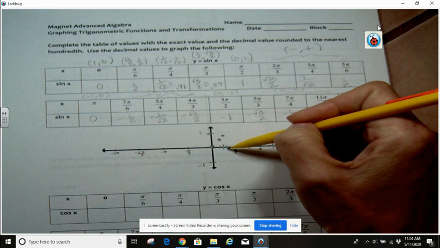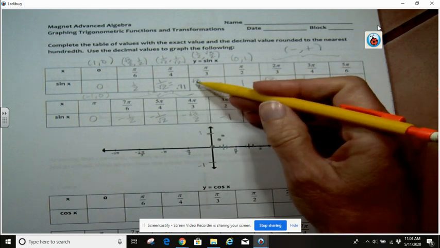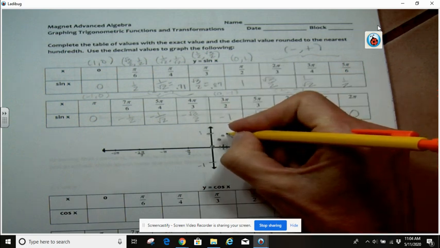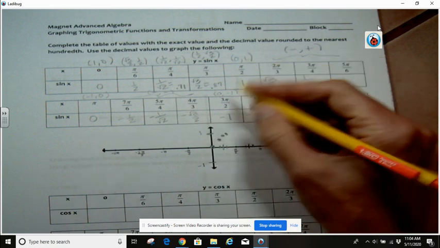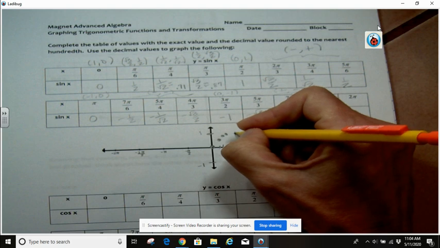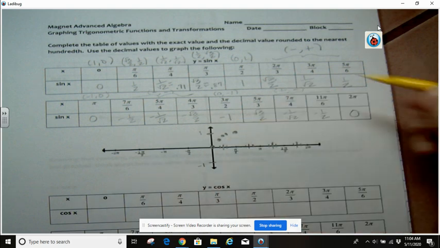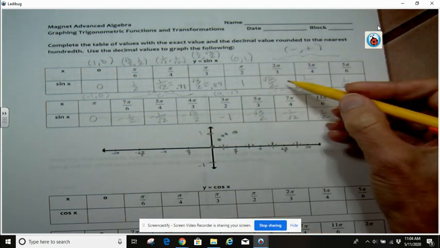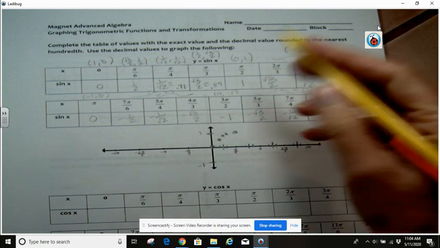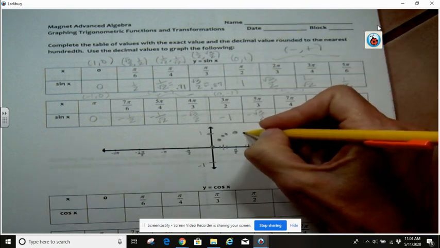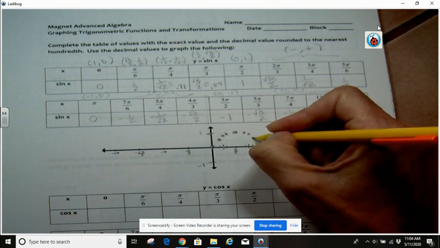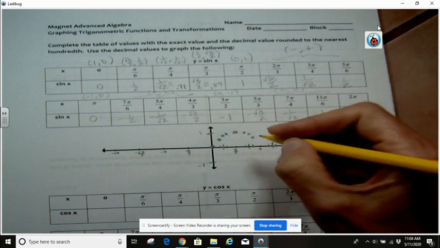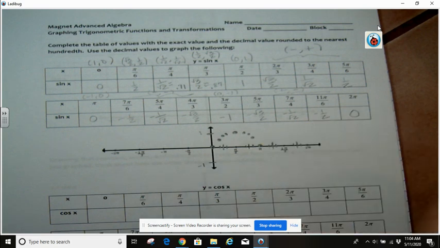Then our next angle is pi over 3. That was square root of 3 over 2, which is a little bit closer to 1. And then pi over 2 actually reached 1. We're just going to continue that. Then we are back down to square root of 3 over 2, which was 0.87, and then 0.71, and then 0.5, and then you get to pi, and it was back to 0.